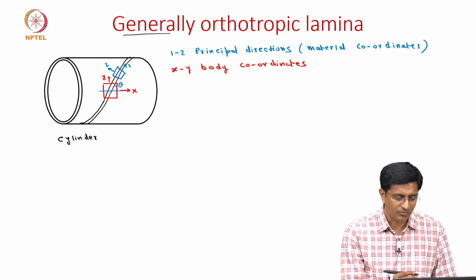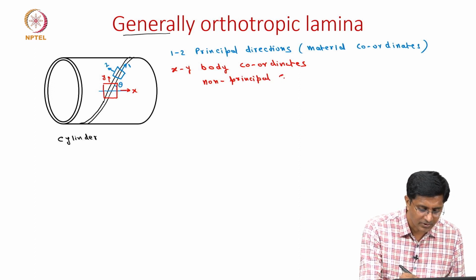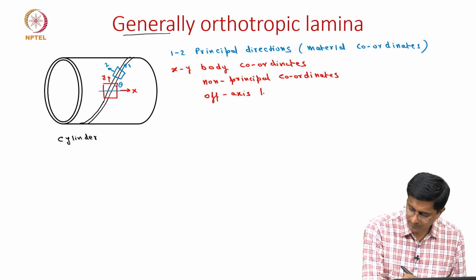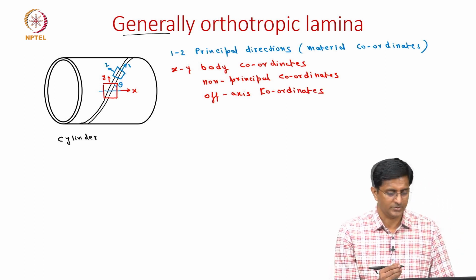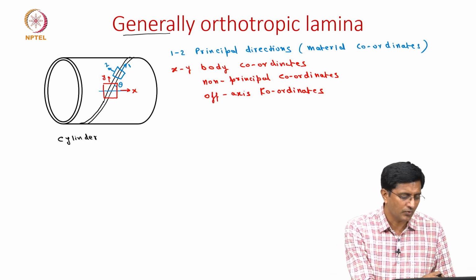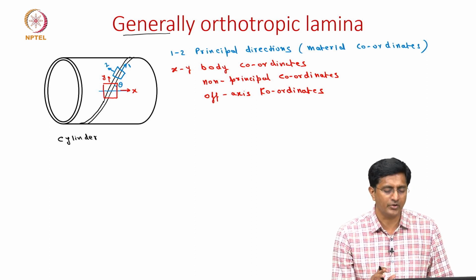There are other ways of calling it: non-principal directions or coordinates, or the off axis loading. I think now it is clear that there are two different coordinate systems, 1 2 referring to the material coordinates and x y referring to the body coordinates.